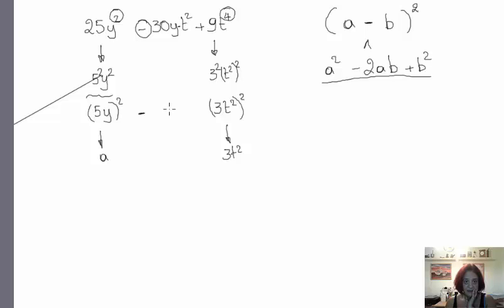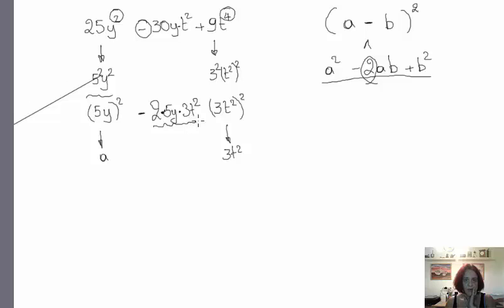Okay, so this means that the middle term is going to contain 5y times 3t squared. We are focusing on the numbers first. We have 3 times 5, and we have 30. The middle term right here, it has a 2, so we need to add the 2 here.